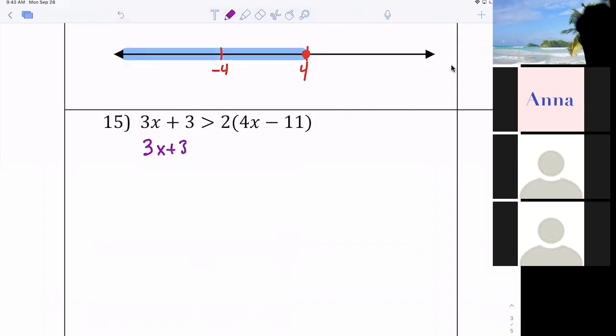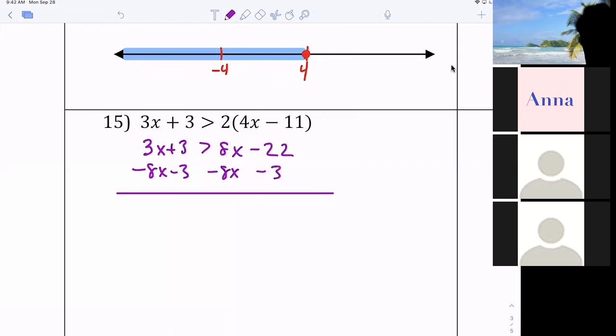3x plus 3 is greater than 8x minus 22. Did anybody get that? All right, here we go. Minus 8x, minus 3. Anybody get that? You can do that if you want.